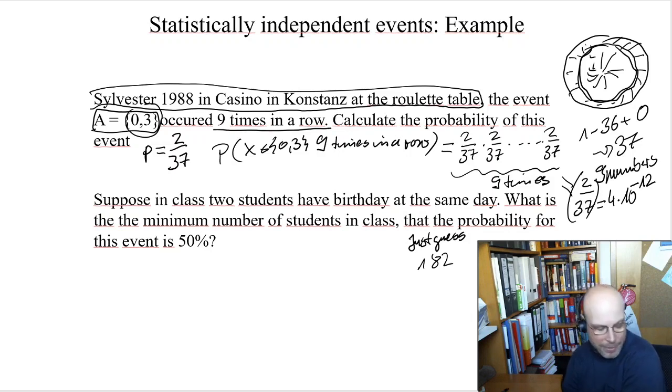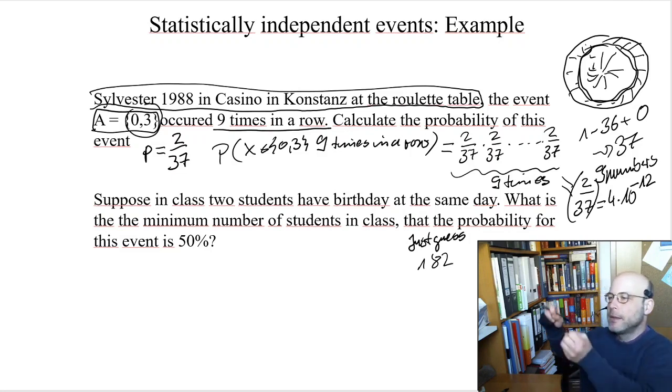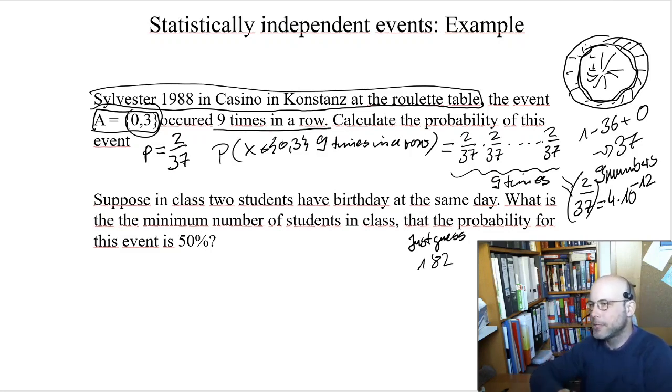Okay, then we start and we try to analyze this. And of course, we assume that every birthday of one person is independent from the event that another person has his birthday on some specific day.